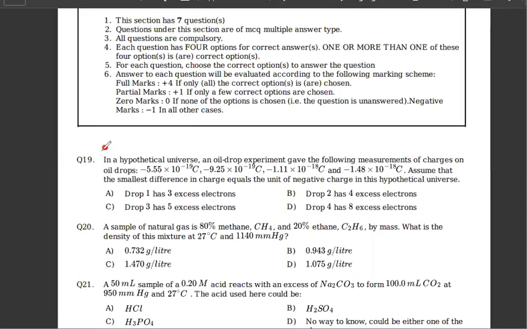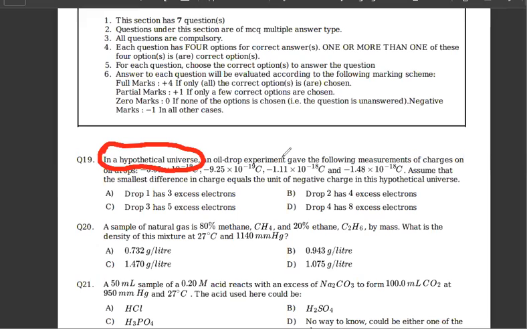See the first word, hypothetical universe. So you have to see that this is the quantization of which smallest number. You have to find the HCF of all the numbers, which will give you the smallest charge.